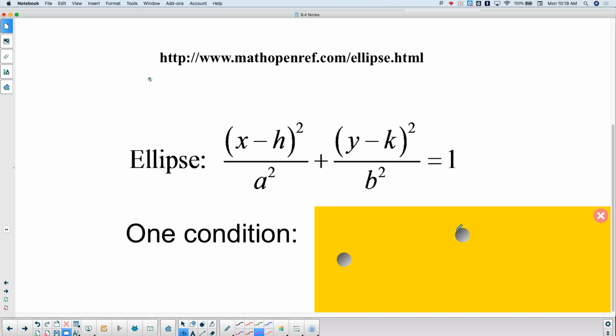The quantity x minus h squared divided by a squared plus the quantity y minus k squared divided by b squared equals 1. That is the equation for any and all ellipses, if you will, okay, that we can make this entire week.